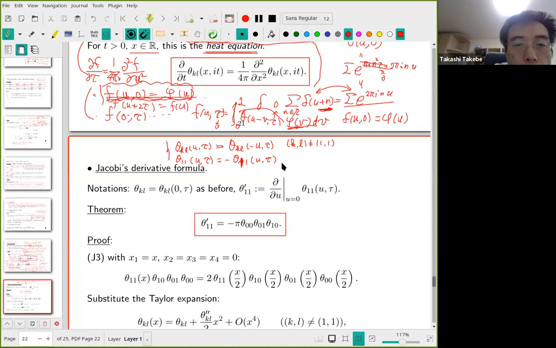So if we expand this function around 0, it has such a Taylor expansion.